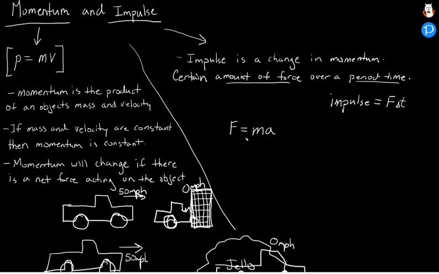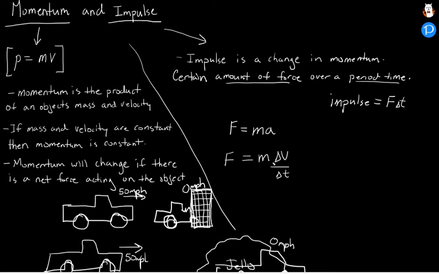Now we're going to change this acceleration term to change in velocity over time, because that's what acceleration is. So force is equal to mass times the change in velocity over the change in time. All we did was change what the acceleration term looks like.